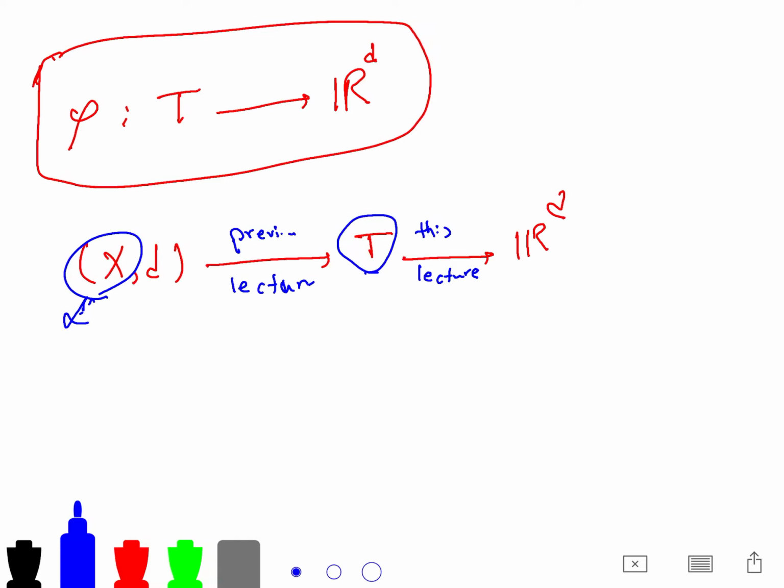And then there is a composition, so you have already mapped your metric space into Euclidean space. You have seen in lectures 5, 6, and 7 that I did it in another form.